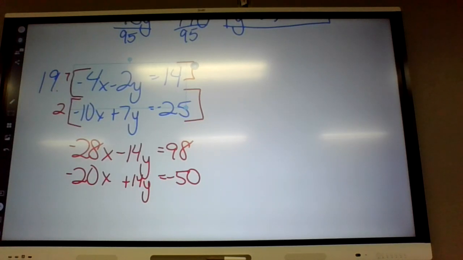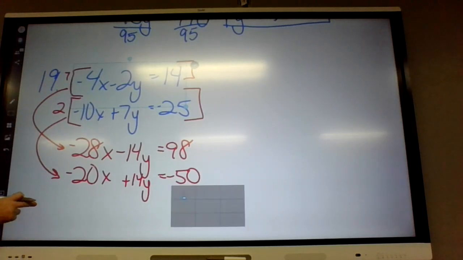I went from 14 to 98. We're multiplying by 7, the top one. This one went down here, this one went down here.